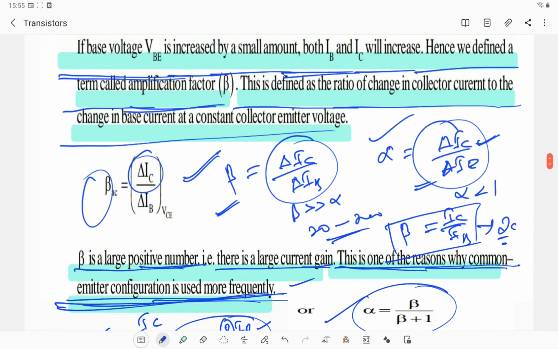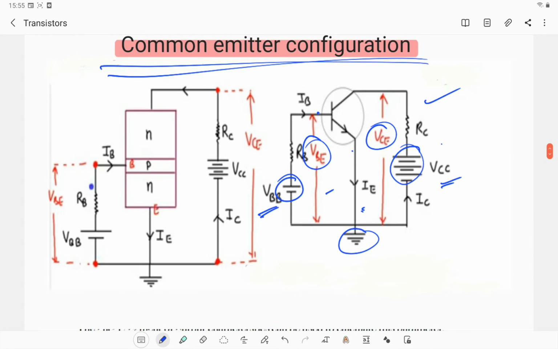Input characteristics: here the input circuit current is the base current. Characteristics means drawing the graph between potential and current. The potential in the input circuit is VBE and the current is IB.